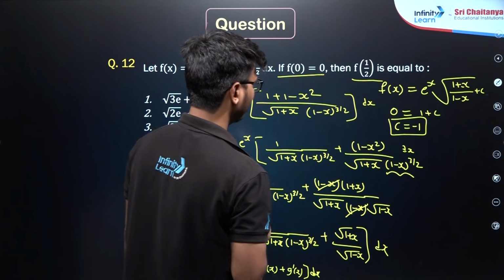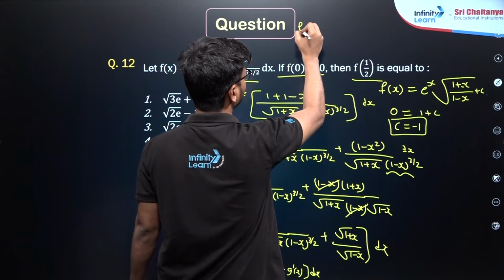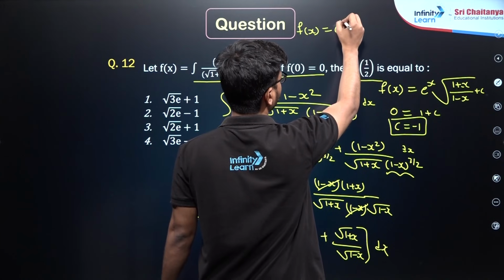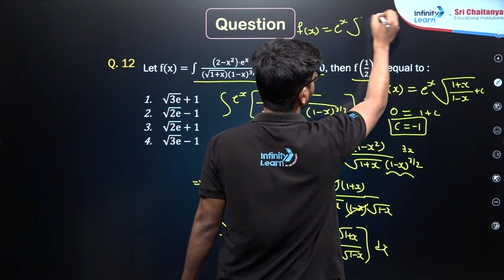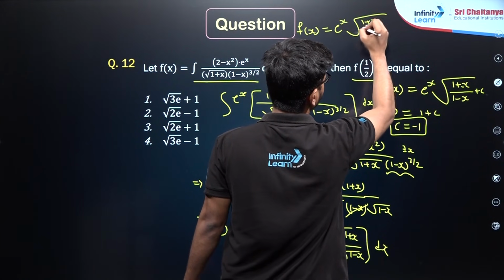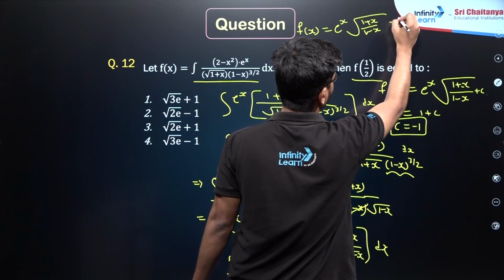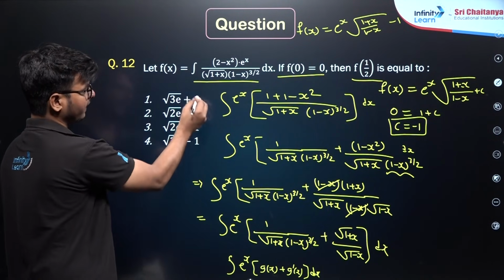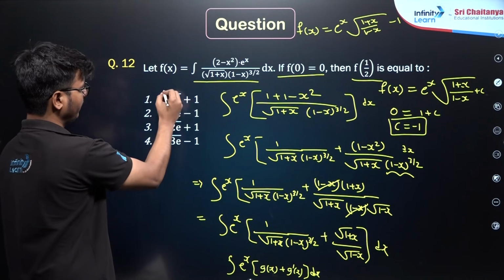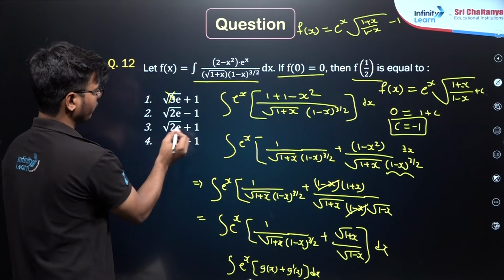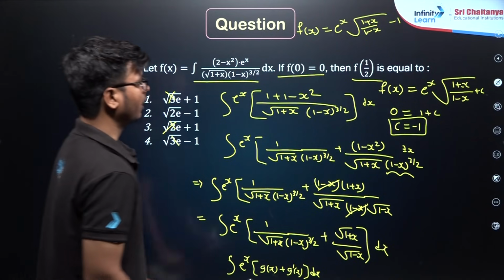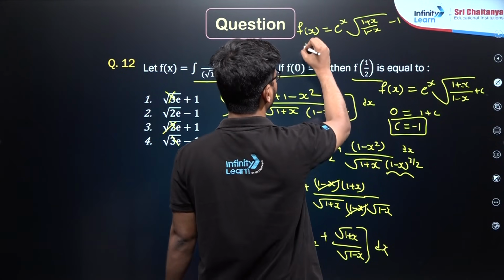So our final function is, I am writing here, f of x equals e to the power x under root of 1 plus x upon 1 minus x, minus 1, correct. The options which have a plus sign are not going to be the answer, means the first and third cannot be our answer, means 2 and 4. Now we have to find the value of f of 1 by 2.